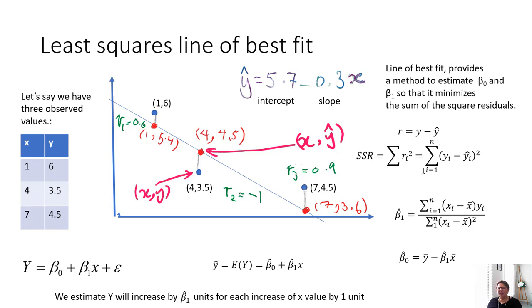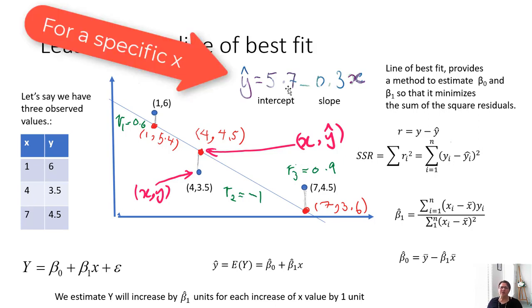Yeah? So, the sum of the squared residuals, which is the sum of r_i squared, would be the sum of each observed value, y_i, minus y hat i, squared. Y hat is what you are getting when you produce the line of best fit, that regression line.